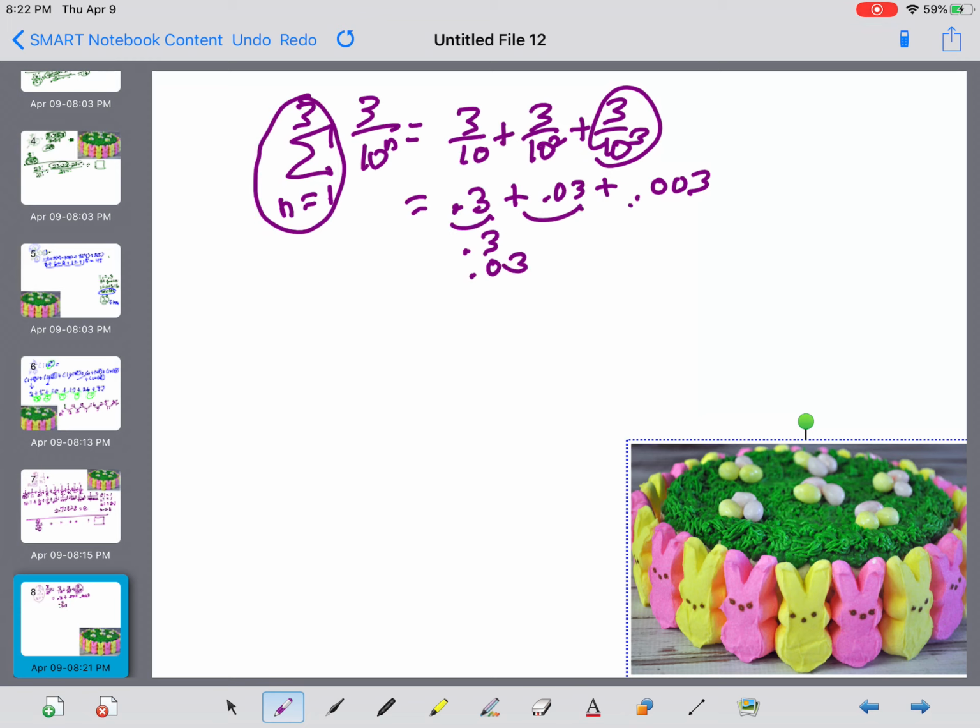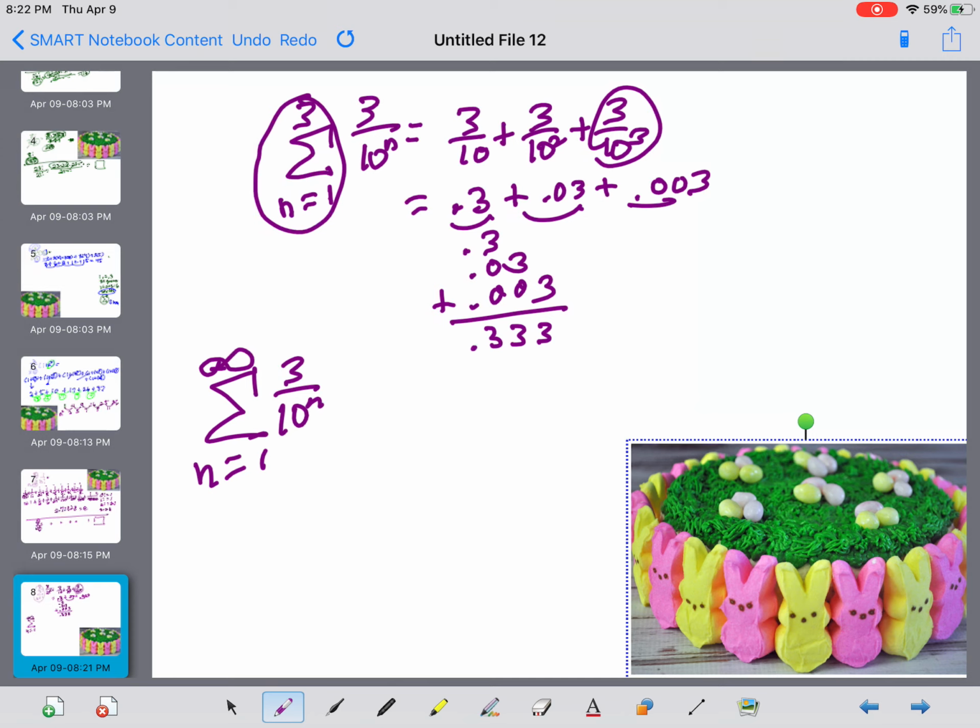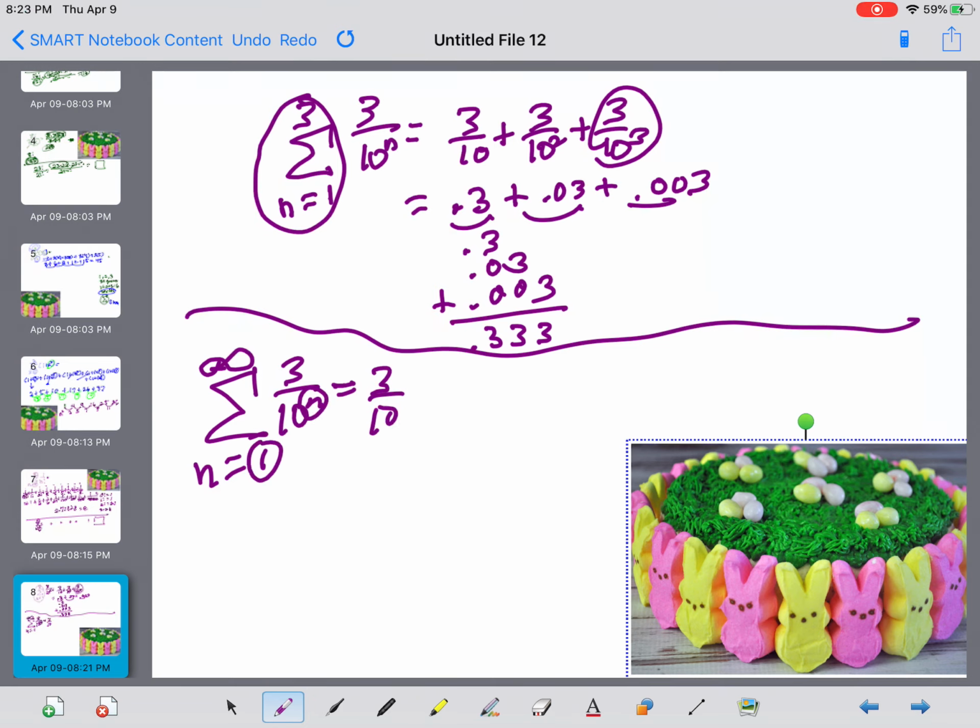And if I add that together, 0.3, 0.03, 0.003, look what I'm getting. I'm getting 0.333. Now let's go as n goes from 1 to infinity of 3 over 10 to the n. So, super weird thing. I am going to be magic and add up an infinite number of terms.